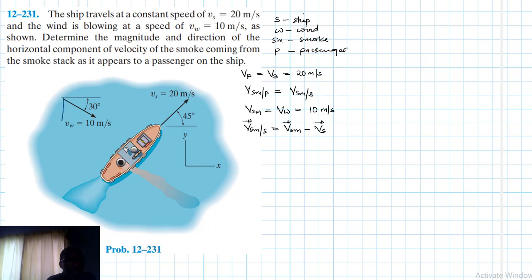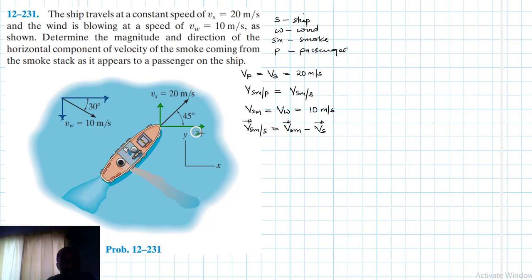Okay, so let's write down the components. We'll have components for the wind, which is equal to the velocity of the smoke, as observed with respect to the earth. So what do we have here?